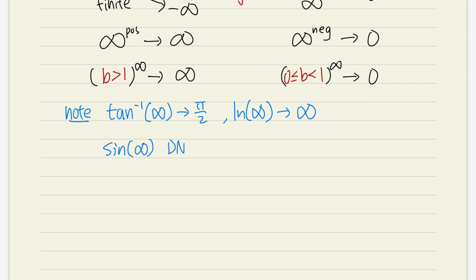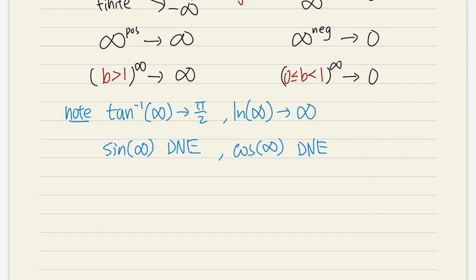This right here does not exist because the sine function looks like this, right? It goes up and down between -1 and 1. It does not have a horizontal asymptote, so we do not have a limit as x goes to infinity. Similarly, cosine of infinity, this also does not exist either.